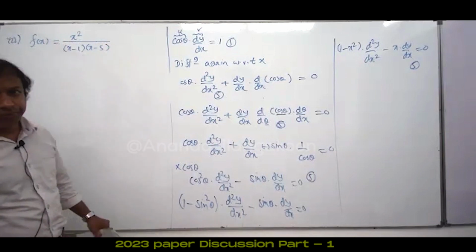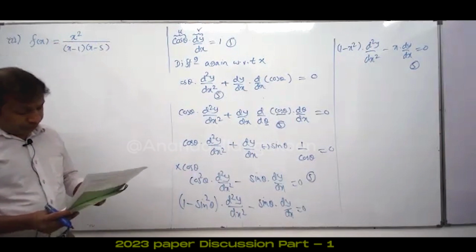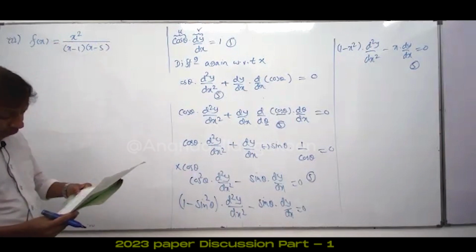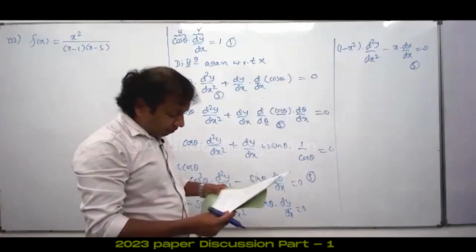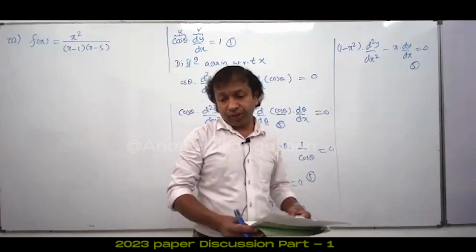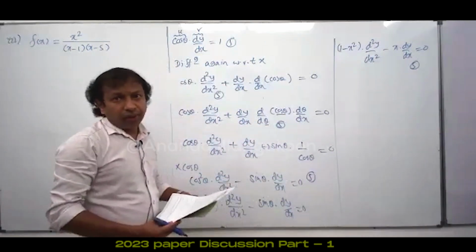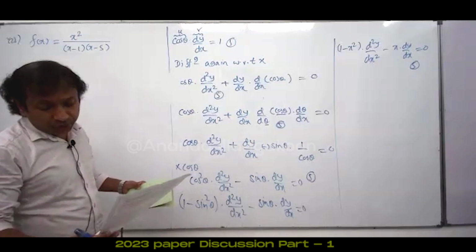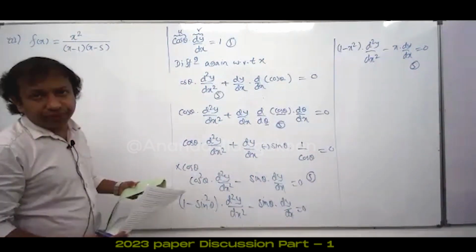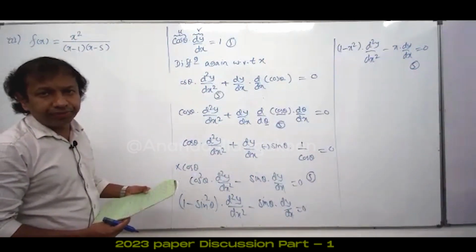By finding horizontal and vertical asymptotes and stationary points, sketch the graph of y equals f(x). It is not asking to find points of intersection, so of course don't go to find them.